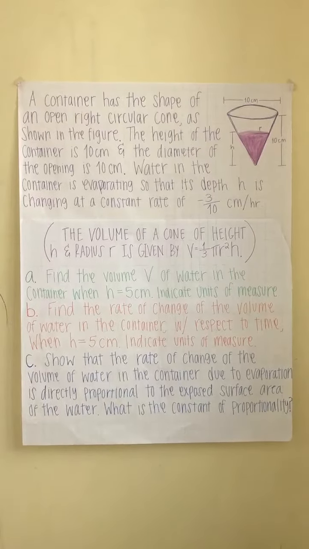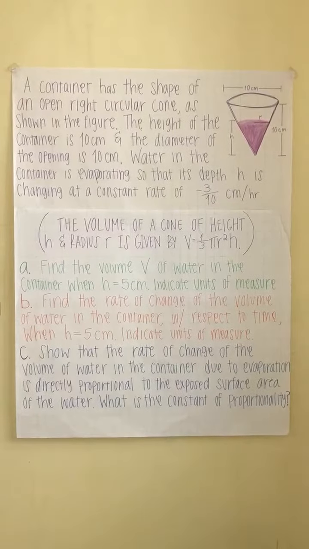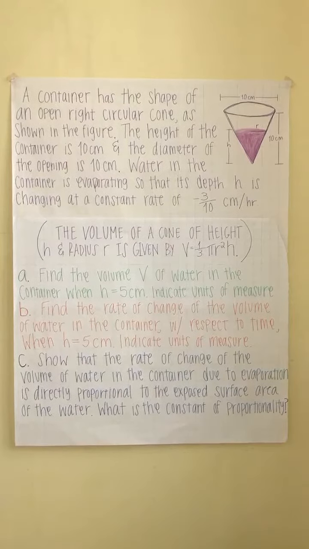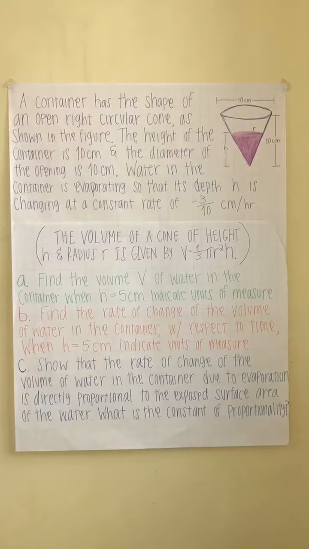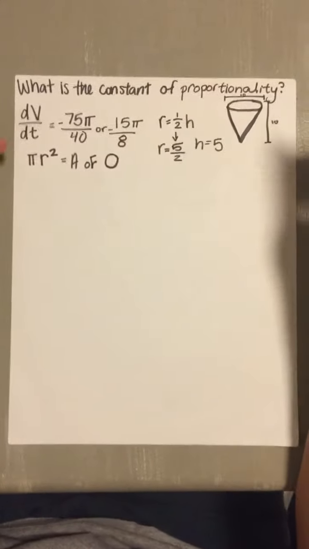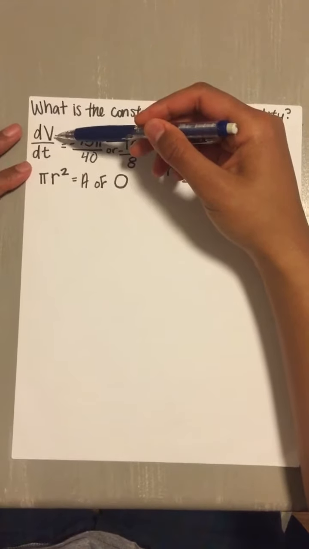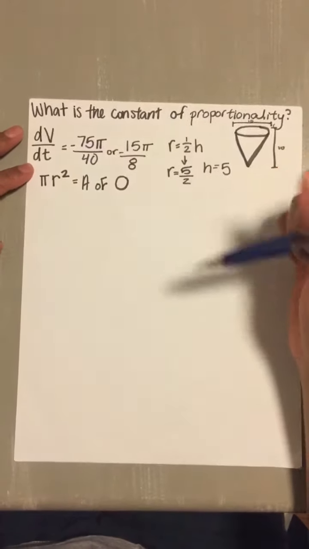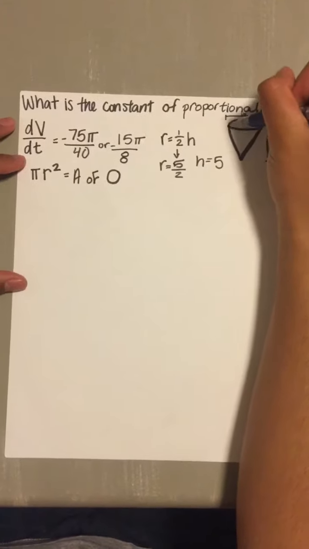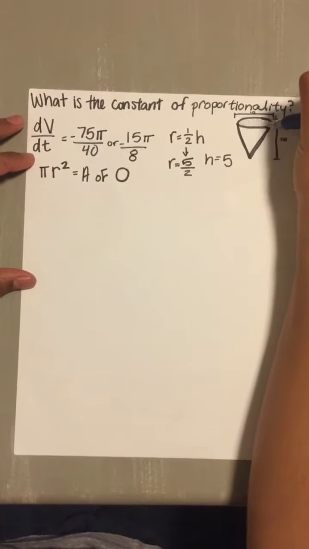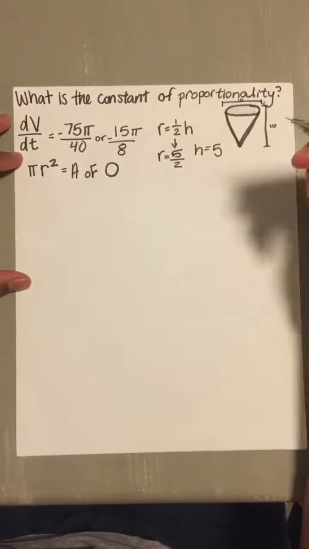For C, it tells us to show that the rate of change of the volume of water in the container due to evaporation is directly proportional to the exposed surface area of the water. What is the constant of proportionality? For question C, it's asking us to prove that dV/dt, which is the rate of change of volume of water, is directly proportional to the exposed area of the water, which is this circle right here. So we know that the equation for area of a circle is pi r squared.